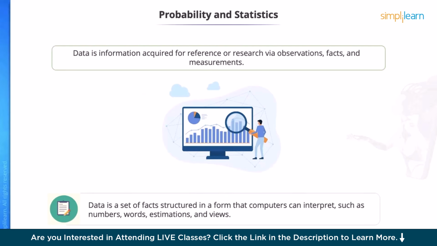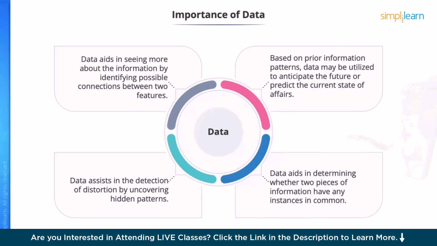Data is information acquired for reference or research via observations, facts, and measurements. Data is a set of facts structured in a form that computers can interpret, such as numbers, words, estimations, and views. Importance of data. Data aids in seeing more about the information by identifying possible connections between two features.